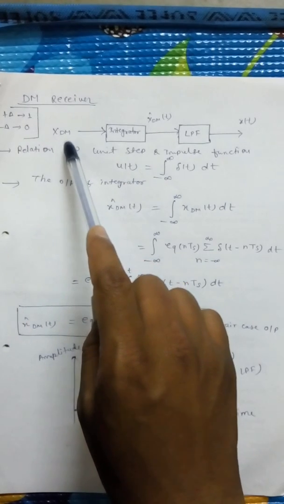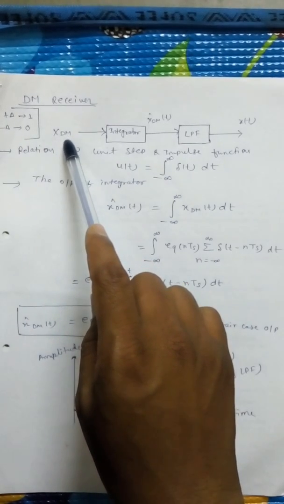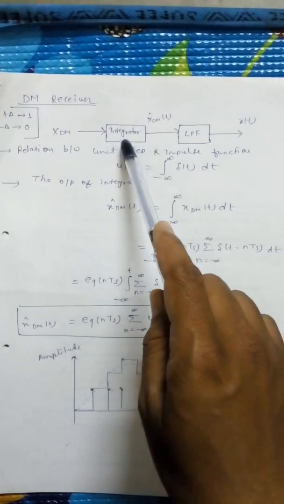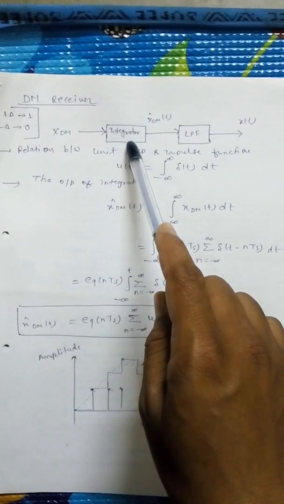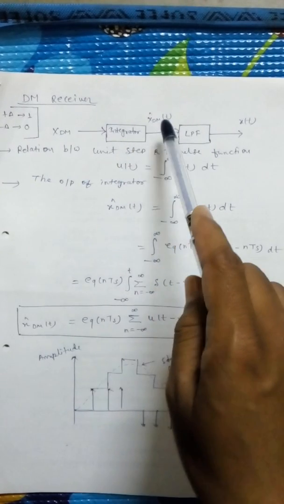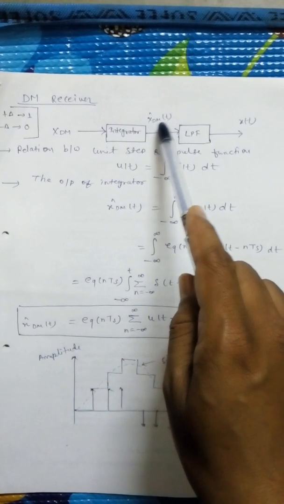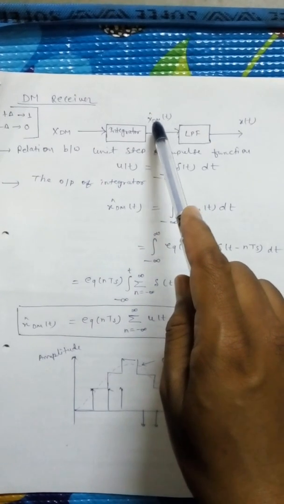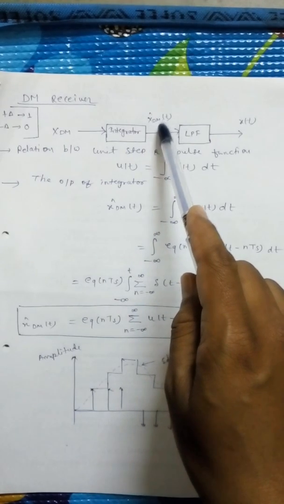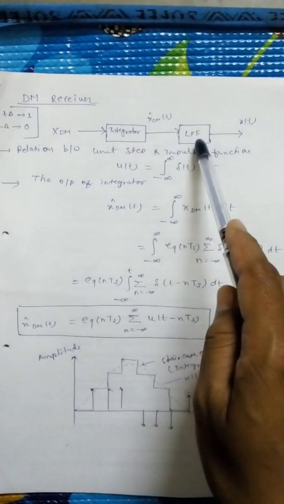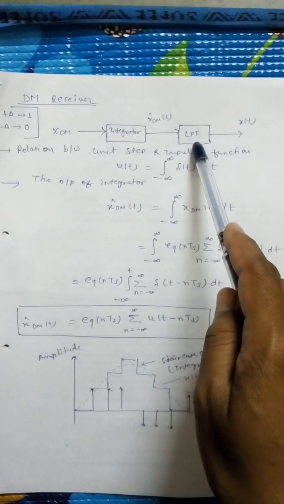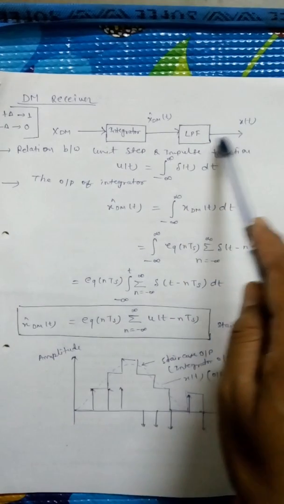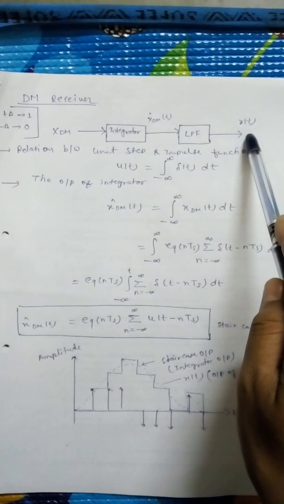This delta modulated signal is given to the integrator. The integrator produces the approximated signal, which is denoted as XKF DMT. Then it is given to the low pass filter, and the output of the low pass filter is our message signal.